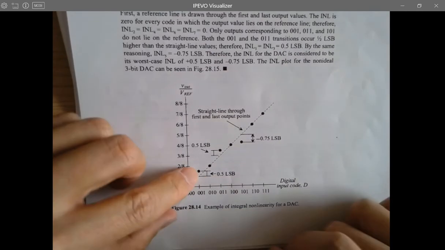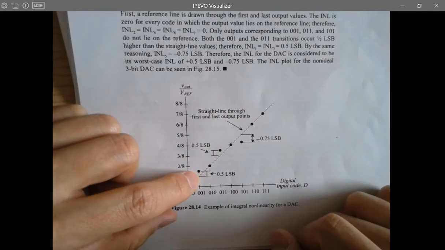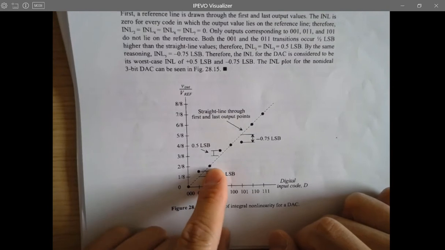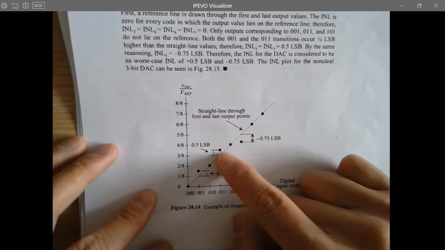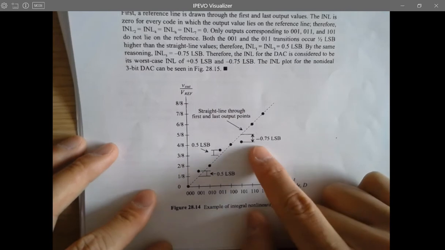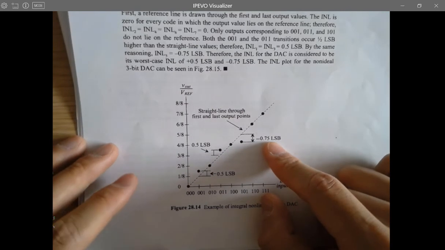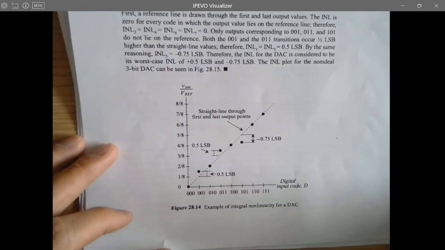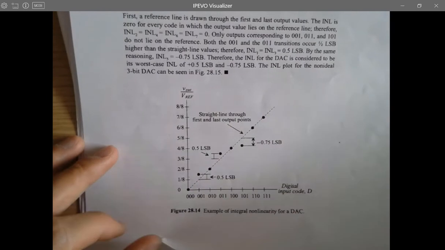Use the actual value minus whatever it should be on the ideal curve. This is 0, and this will be 0.5 LSB as well. And this is negative 0.75 LSB. Right. Is that clear? Any questions? No. Okay.